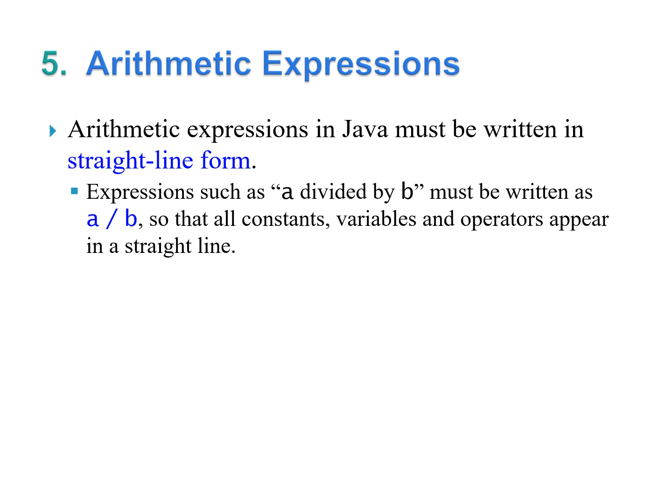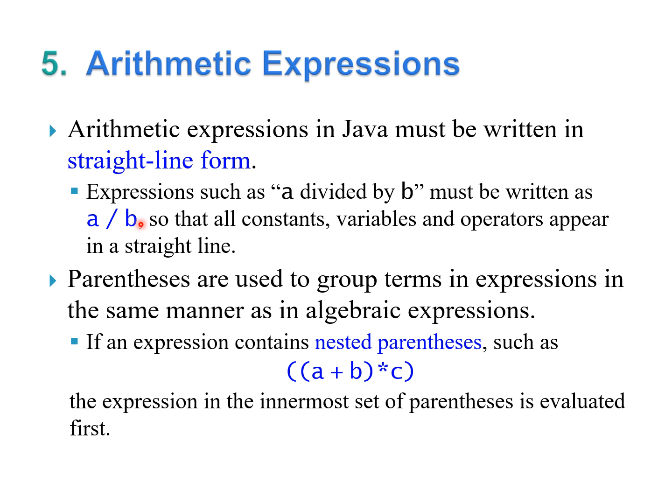Arithmetic expressions in Java must be written in straight line form. That means that expressions such as a divided by b must be written as a / b so that all constants, variables, and operators appear in a straight line. In algebra, it's acceptable to place redundant parentheses in an expression to make it clearer.